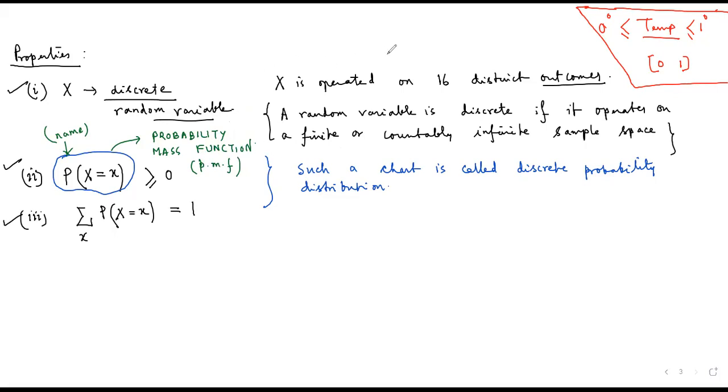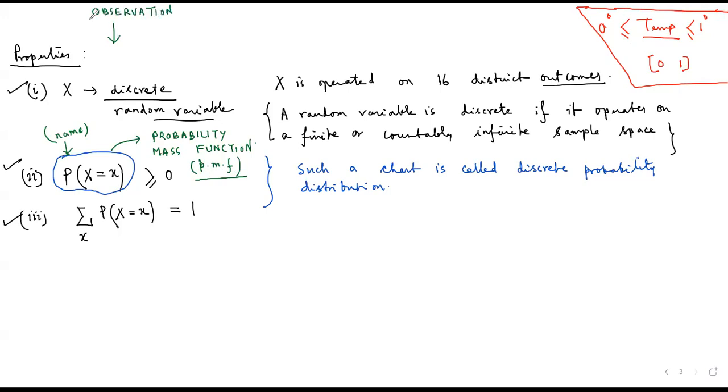Whenever next time I utter the word probability mass function or PMF, you will automatically understand that I'm talking about a discrete probability case. In the continuous case, we call it the probability density function. I'm saying it in advance. So whenever I talk about probability density function, you will understand that I'm talking about the continuous case. So a name is required. These are the observations that I can make from the above chart.